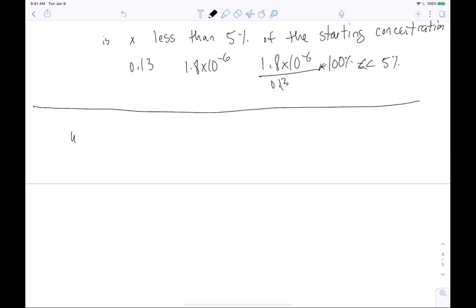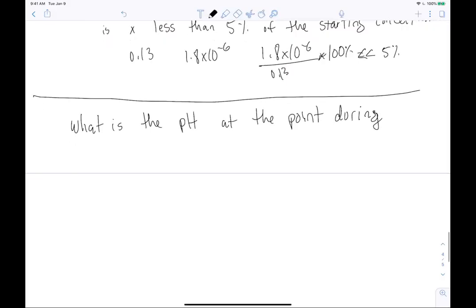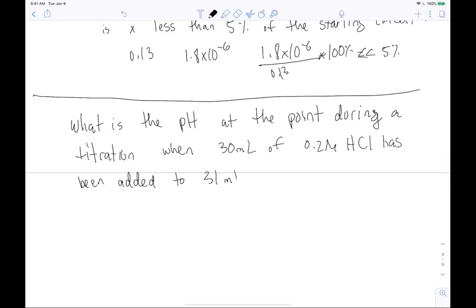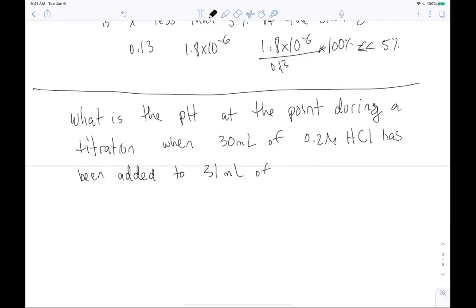All right, so this one is, what is the pH at the point during a titration when 30 milliliters of 0.2 molar HCl has been added to 31 milliliters, it's a weird volume to start out with, whatever, of 0.05 molar ammonia.